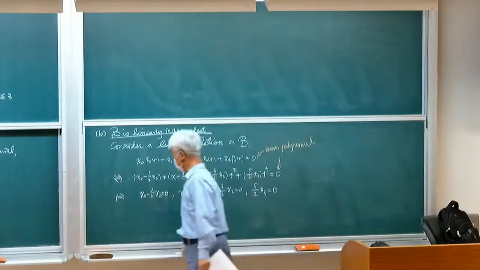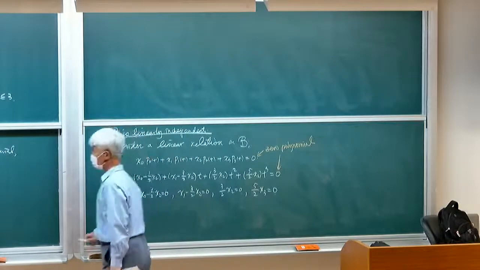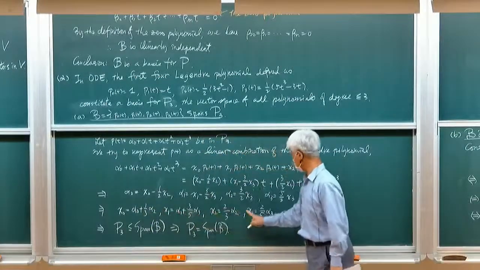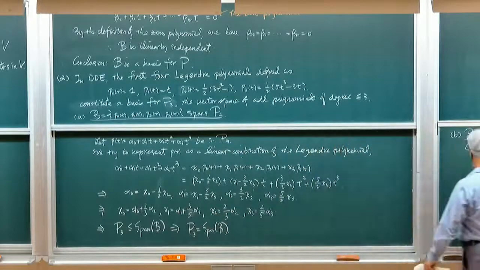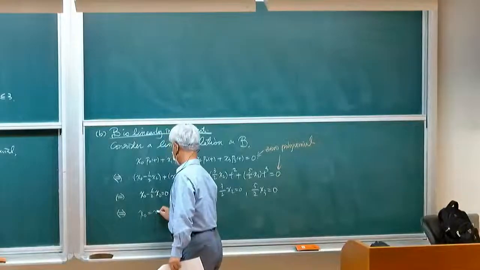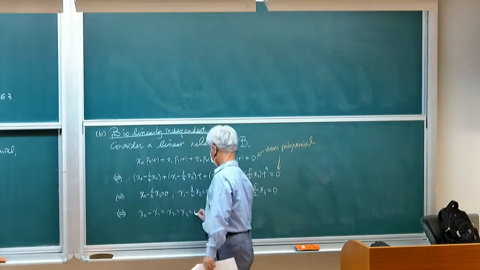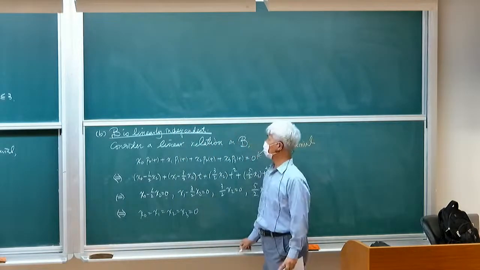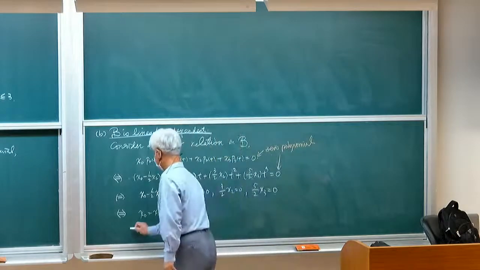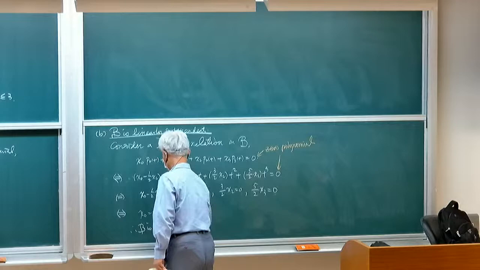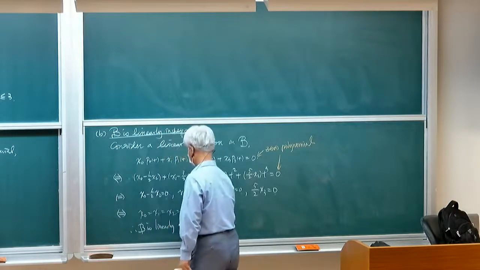So because everything is 0, you see that x0 equals x1 equals x2 equals x3, all 0. Okay. So B is linearly independent.